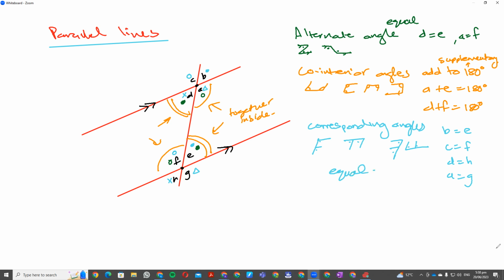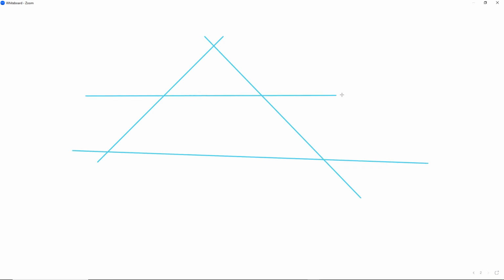Okay. So let's go through a quick example of a question. We're given a triangle that looks like this, and we are told the following information. So this is 35 degrees, x, 45 degrees, y, z, and let's say t.